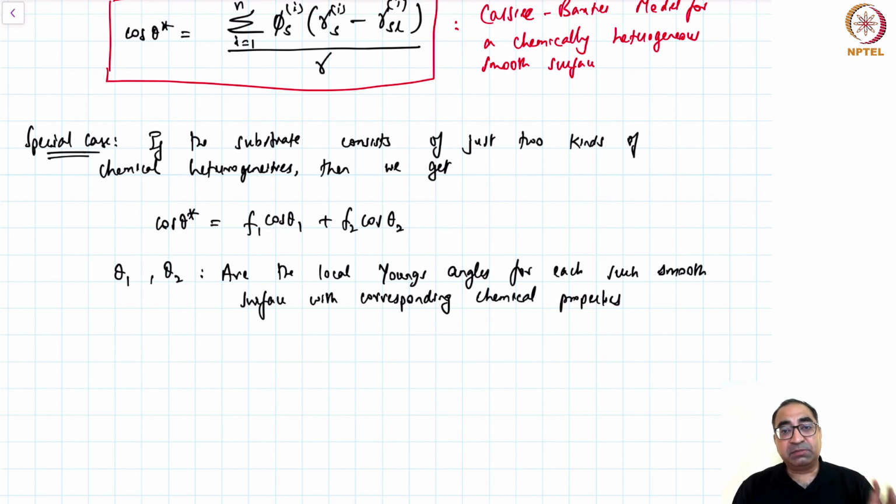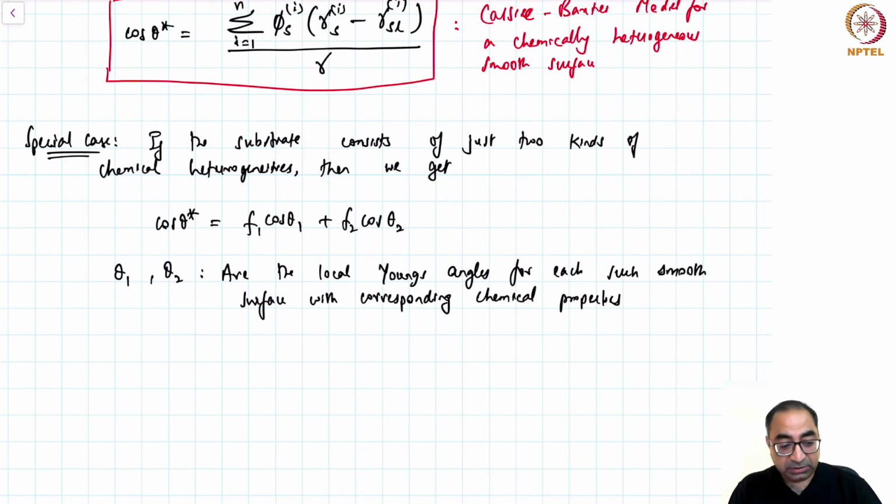Now you have a composite glass surface where parts of it are treated and parts of it are untreated. Once you have a droplet sitting on a surface, you need to know how much of the droplet is covering the treated and the untreated portions. That's basically represented by F1 and F2. These are like area fractions, the select area of these islands of different heterogeneities, different chemical compositions, and once you know that, you can calculate the effective angle that you would see. That's the Cassie-Baxter model.